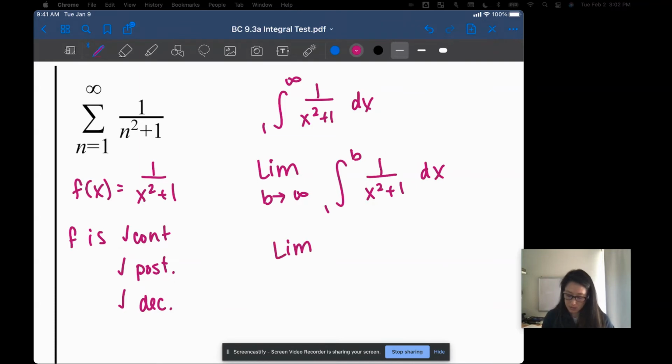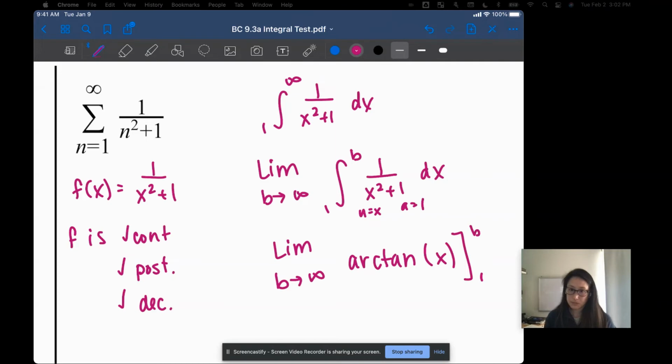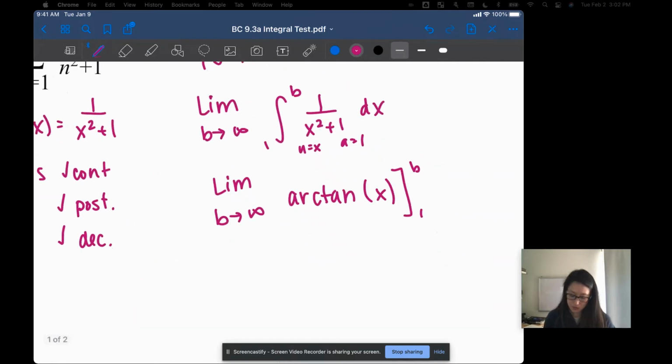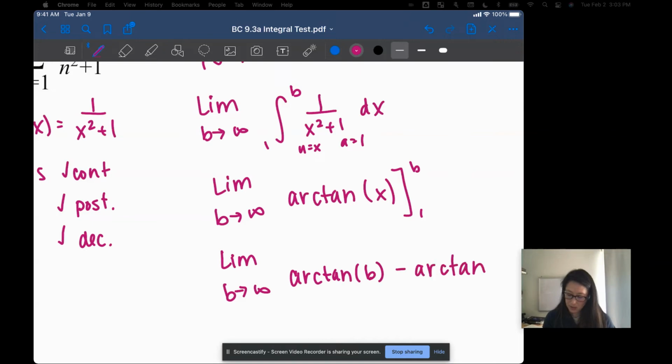So this is the limit as b approaches infinity of arctan, where my u is equal to x and my a is equal to 1. So it's arctan of x, and my bounds are 1 to b. Time to substitute. I have the limit as b approaches infinity of arctan of b minus the arctan of 1.